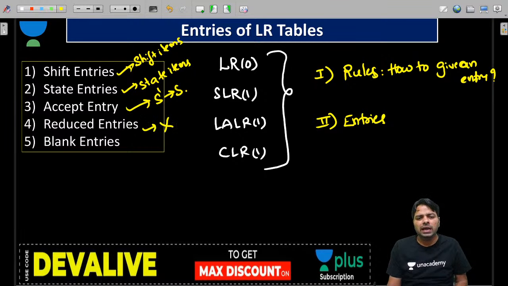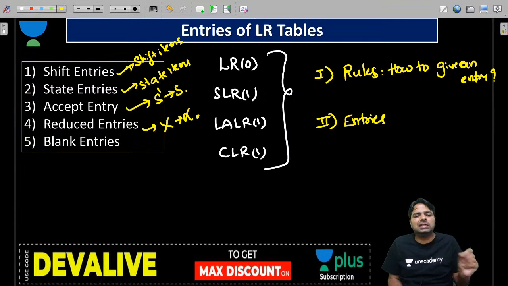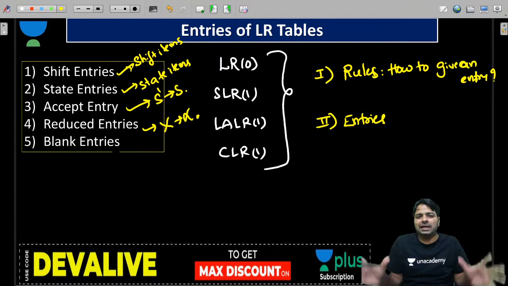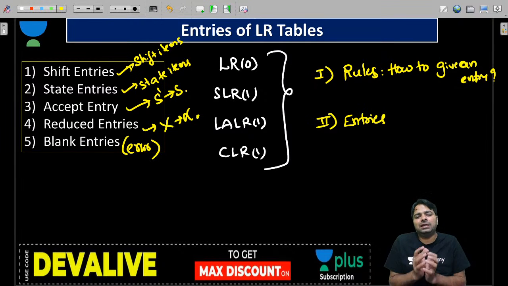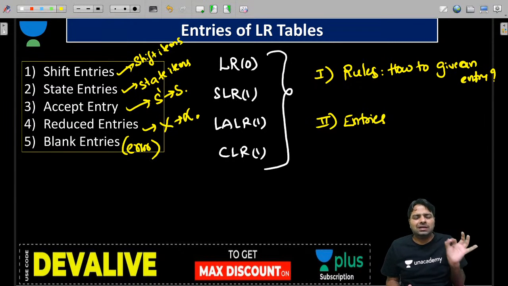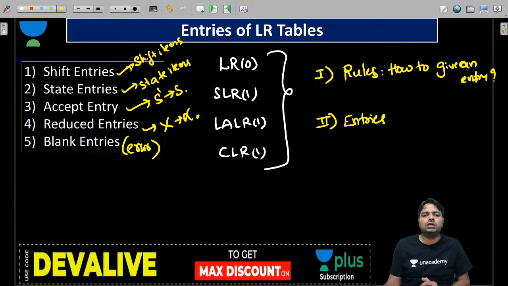And for any production, the completed item is responsible for the reduce entry. The blank entries left in the table we can call error entries. Whichever we have not given any entry in the table, that means blank, it's called an error entry. So we'll try to learn one by one, then we'll understand each one slowly.